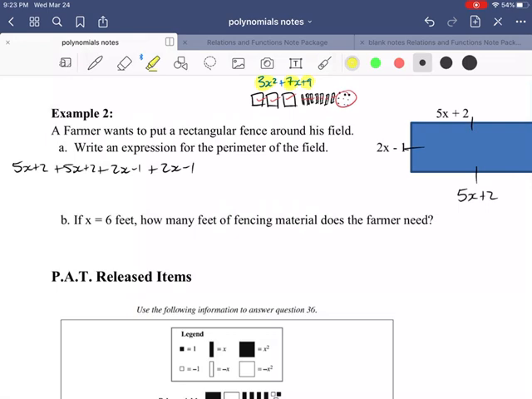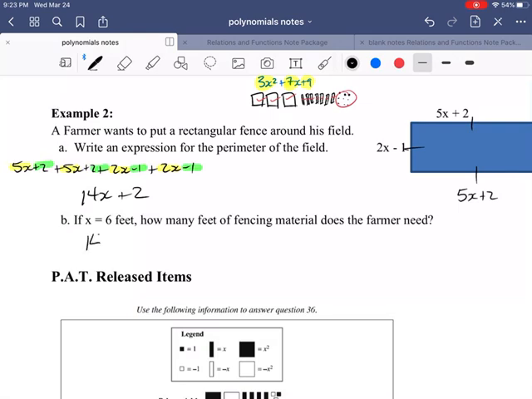Now go ahead and collect like terms. 5x plus 5x is 10, plus 2 more is 12, plus 2 more is 14. So we have 14x. 2 plus 2 is 4, minus 1 is 3, minus another one is 2. So 14x plus 2. Now, if x is equal to 6 feet, how many feet of fencing does the farmer need?